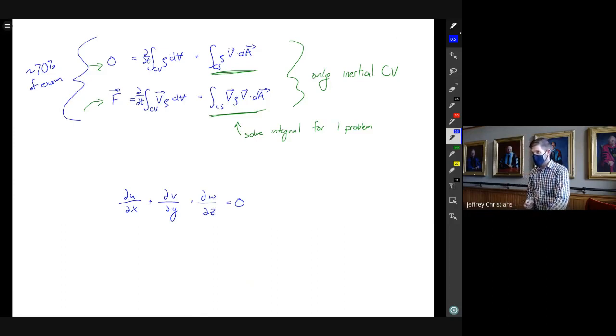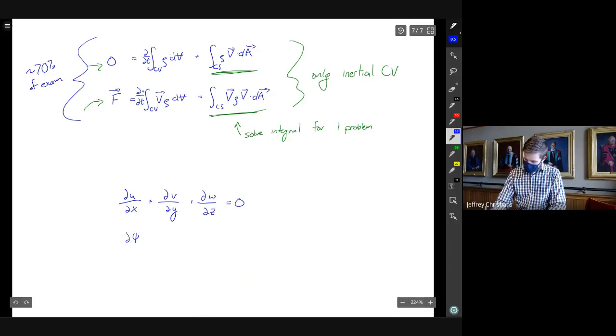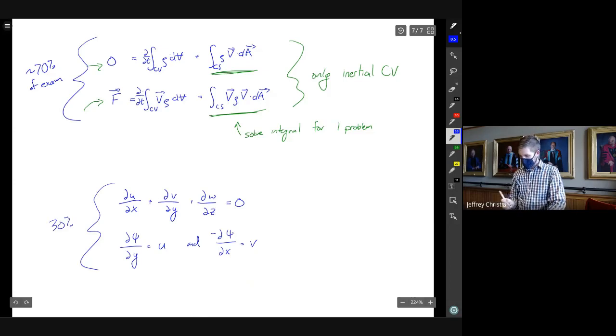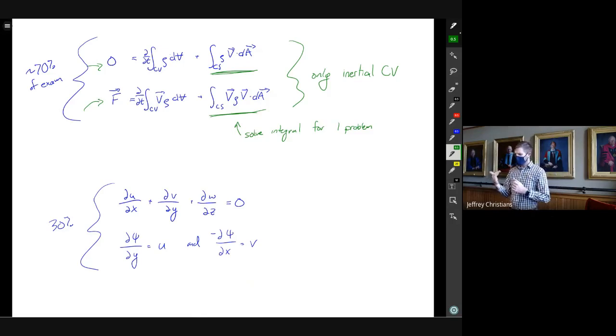The continuity equation, or d psi/dy minus d psi/dx equals v. So it's going to be looking at those things.